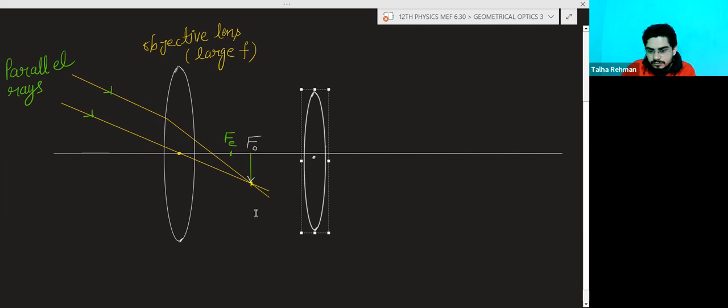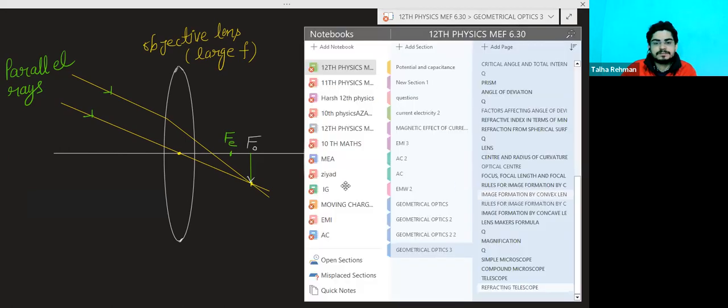Okay, now this is a case. Now this is the object for this eyepiece lens, and this is the case when the object is placed between the optical center and the focus. So you will get a magnified and virtual image. You can see here.